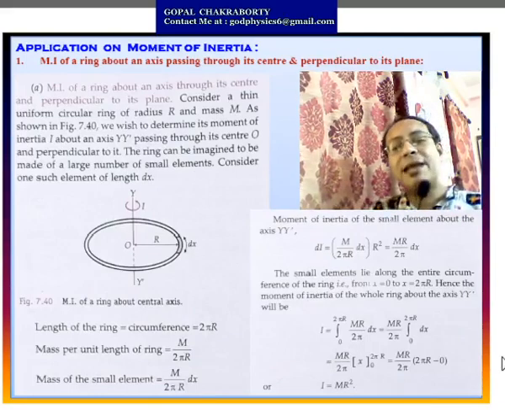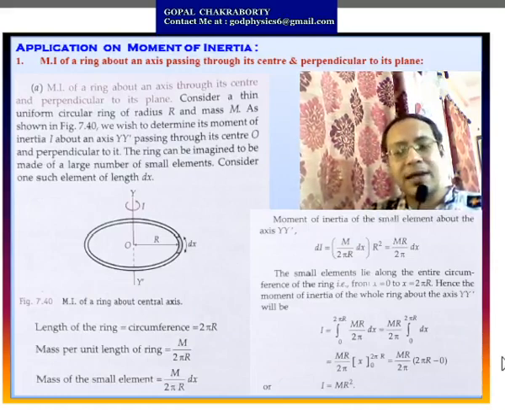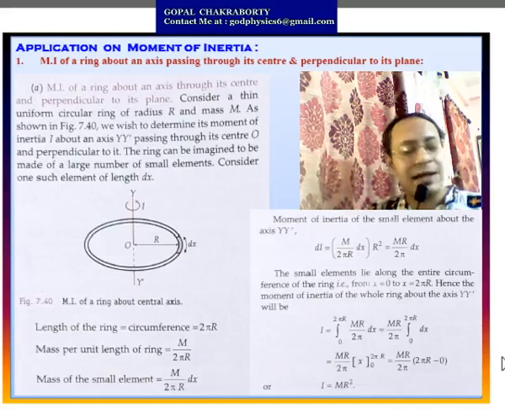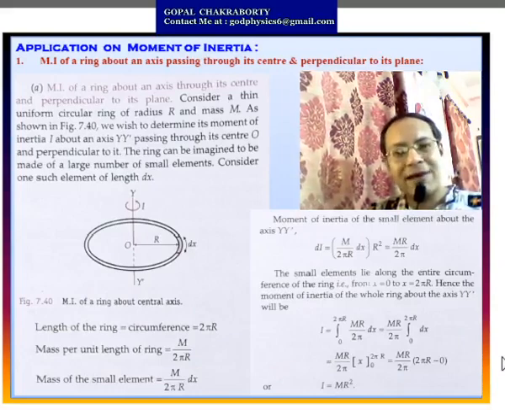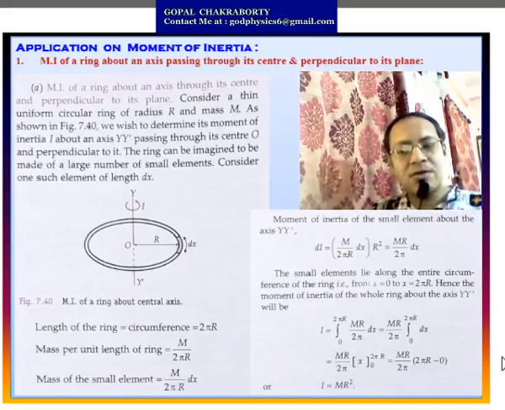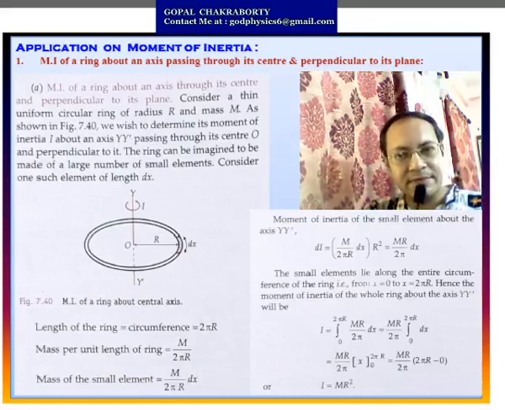As the total circumference is 2 pi r, the mass per unit length is M by 2 pi r. I consider a small element of length dx, so the mass of that element is M by 2 pi r into dx.